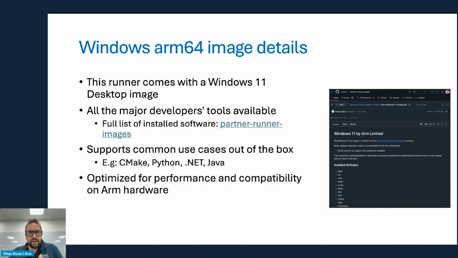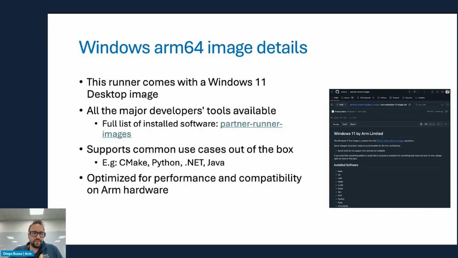You can find the full list of installed software in the Partner Runner Images GitHub repository. And I've included a screenshot of it here on the slide for reference. This image was built in partnership with ARM Ltd, so it's tested and optimized to work well on ARM hardware.